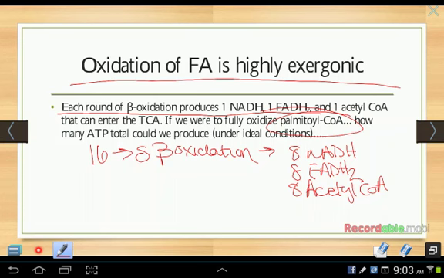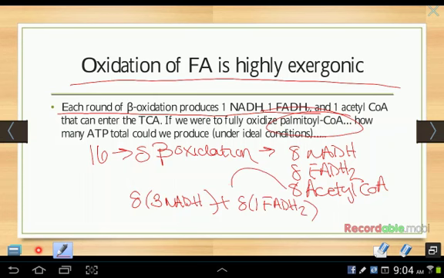So in the citric acid cycle, if we go back, we can remember that for every acetyl-CoA, we are going to produce 1, 2, 3 NADHs. So that's going to be 8 times 3 NADH plus 1 FADH2, so 8 times 1 FADH2.